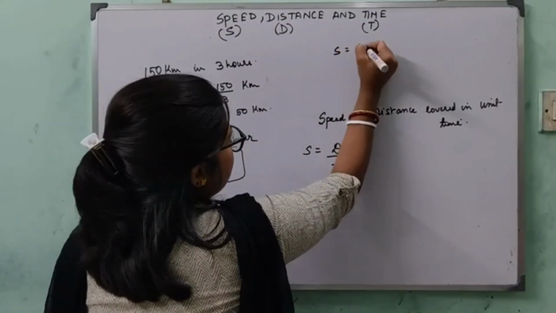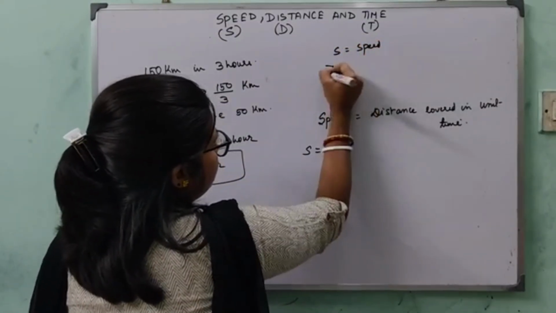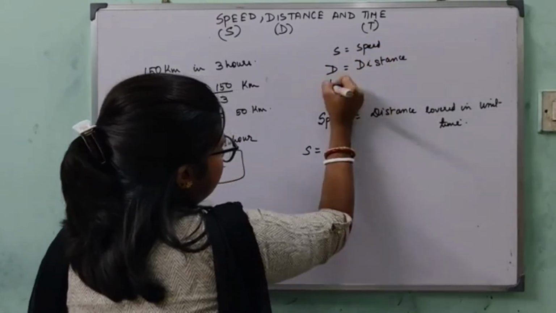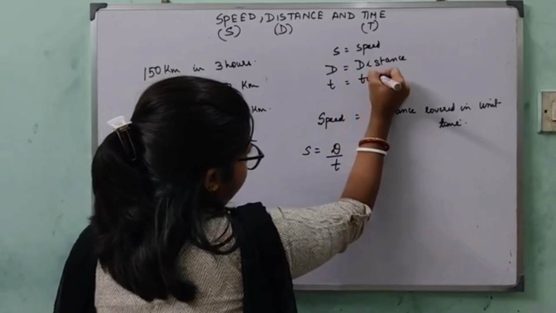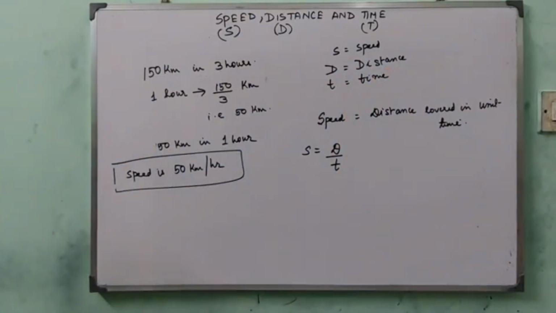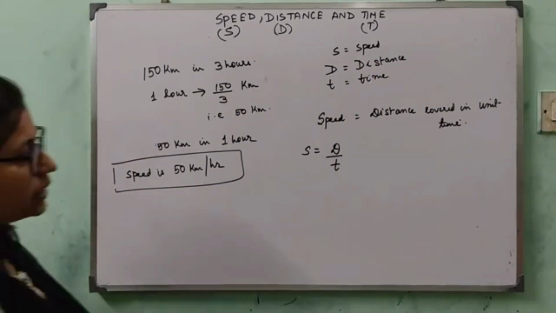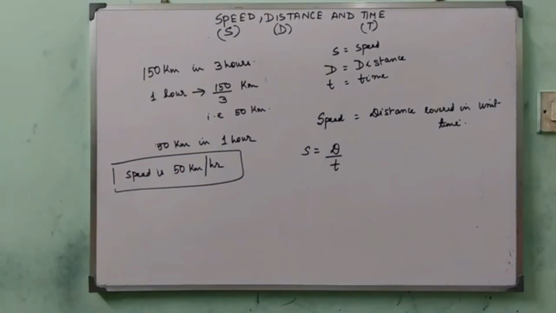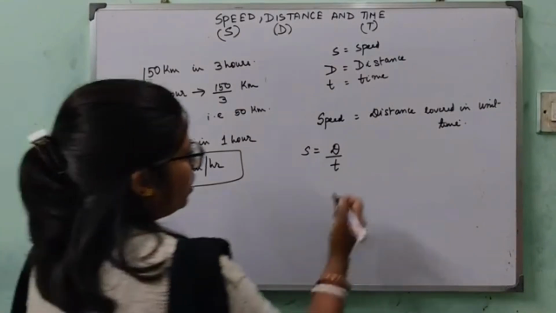S represents speed, D represents distance, and T will represent time. So speed is equal to distance by time. So what is speed? Speed is the distance covered in unit time.